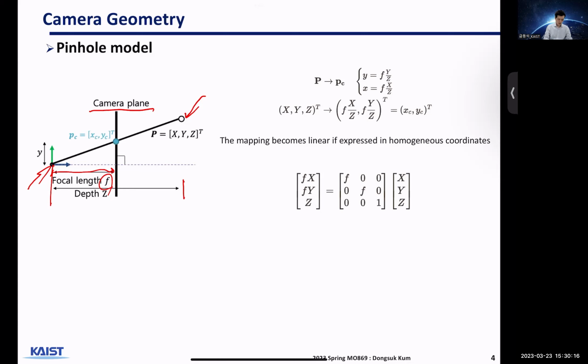Then we define this P on the camera plane as XC, YC. What that means is it's a projected point of the capital P in 3D space on the camera plane.